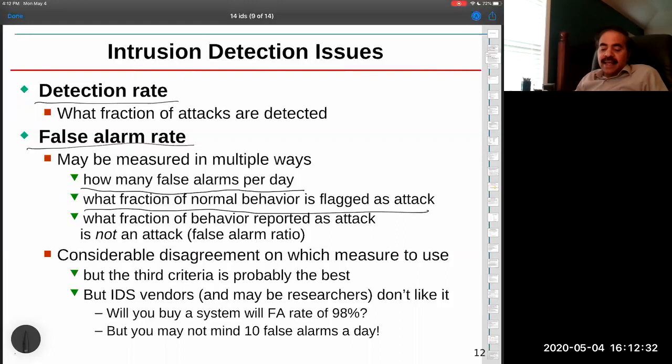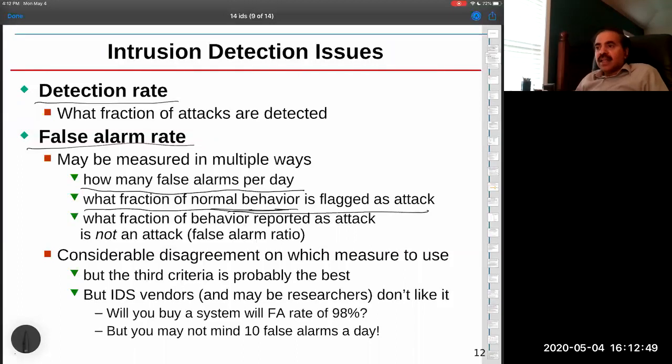So people might say you have a false alarm rate of 0.01%, which might mean that only 0.01% of normal activity will be flagged as an attack. But a catch here is what is considered as a behavior.